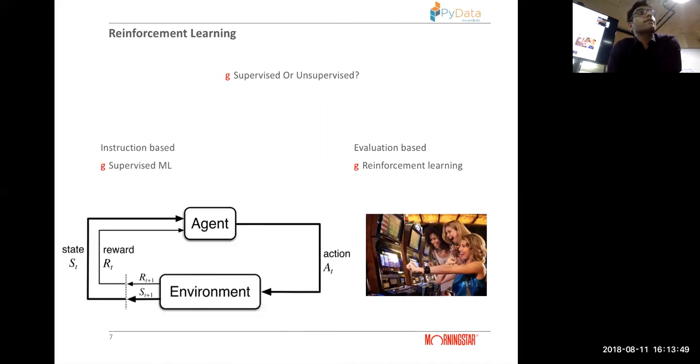If I had complete information, as in I know the internal mechanism of the slot machine, the exact positions of the gears, and what the motion of the gears will be if I pull the lever this way, and whether it will give me an output or not, then I know which slot machine to pull. I just need to calculate the whole thing. But we don't have that. So it's a partially observable universe.